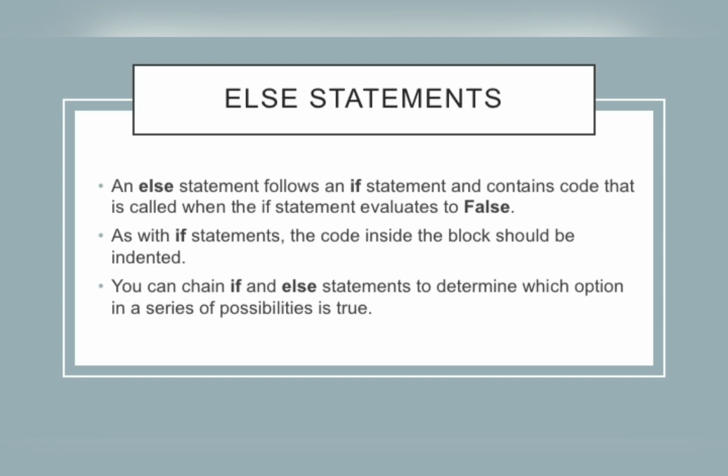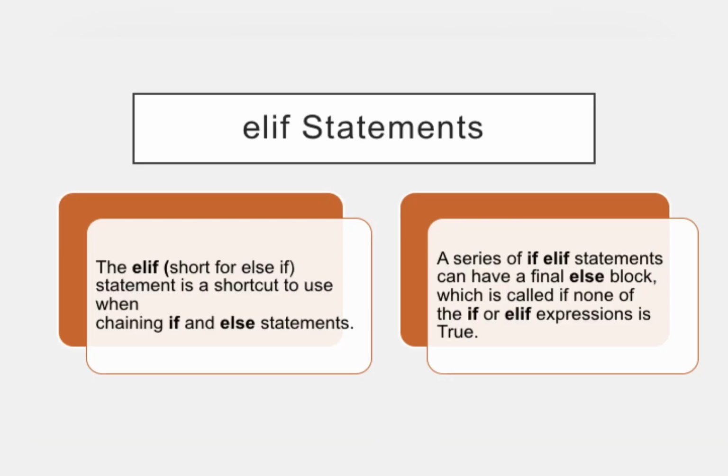You can chain if and else statements to determine which option in a series of possibilities is true, and also learn about elif statements. The elif, short for else if, statement is a shortcut to use when chaining if and else statements. A series of if elif statements can have a final else block, which is called if none of the if or elif expressions is true.